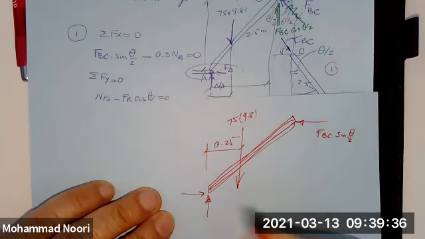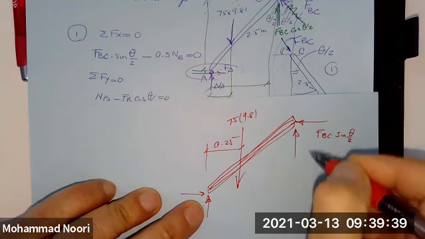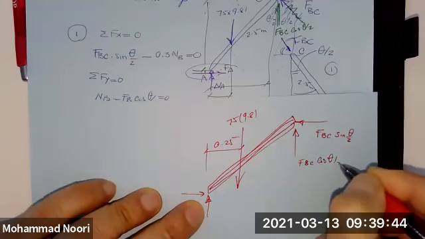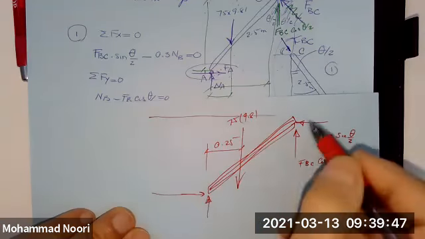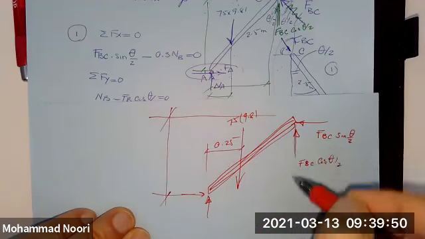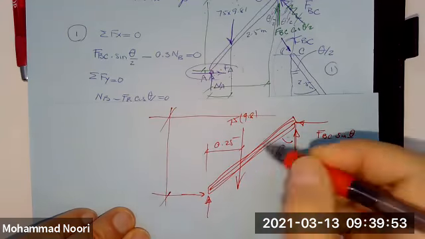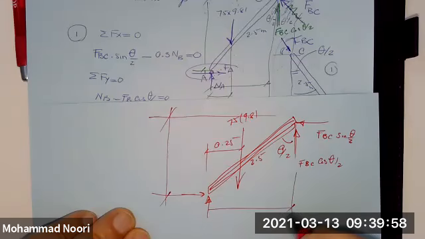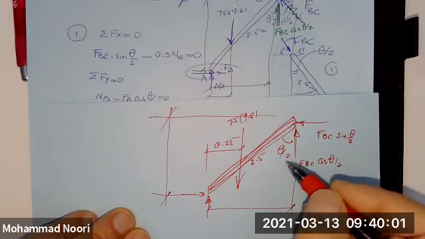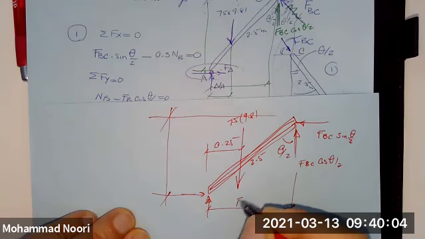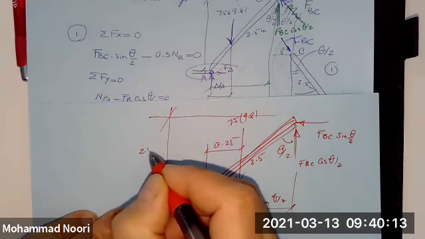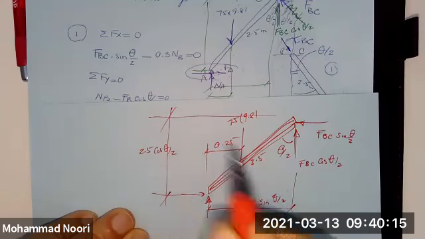Then you have this component, which is FBC cosine of theta over 2. This angle being theta over 2, this being 2.5, this distance is 2.5 sine of theta over 2, and this is 2.5 cosine of theta over 2.